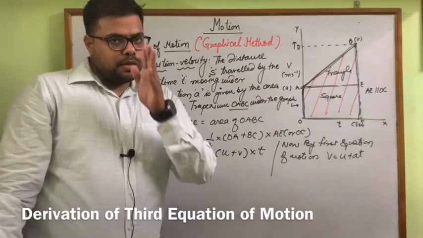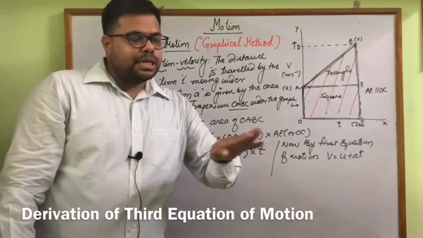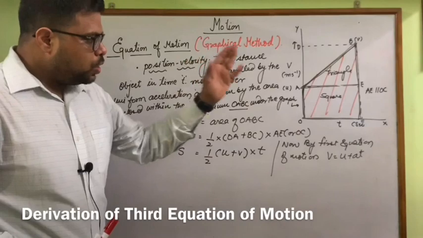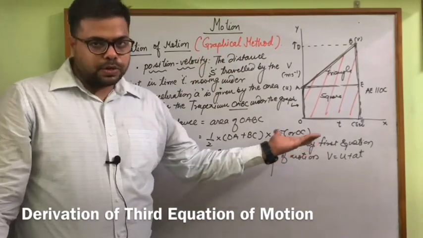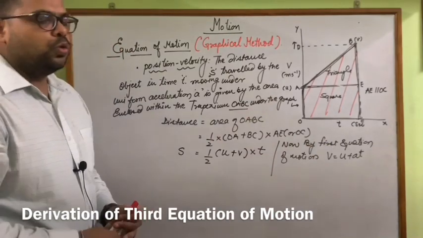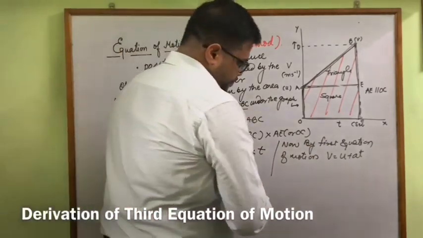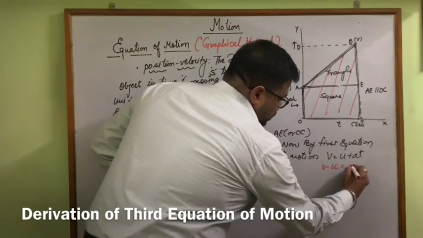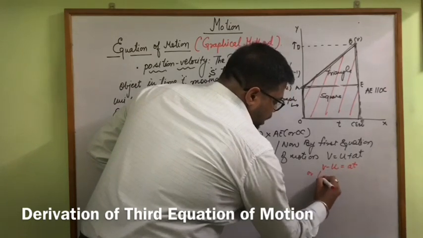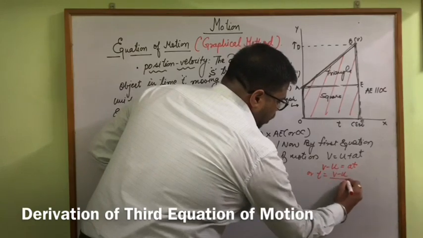So definitely we are going to eliminate t. How? With the help of the first equation of motion, v equals u plus at, we can write v minus u equals at, and then t equals v minus u upon a.